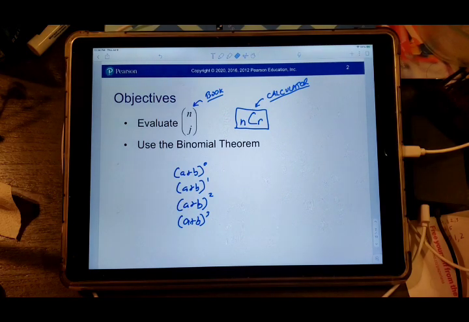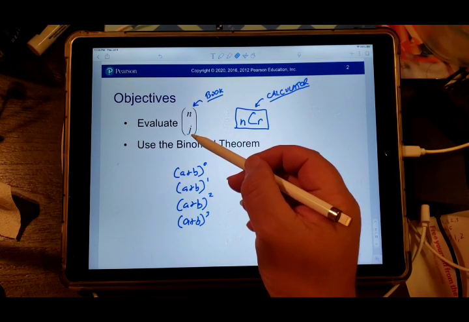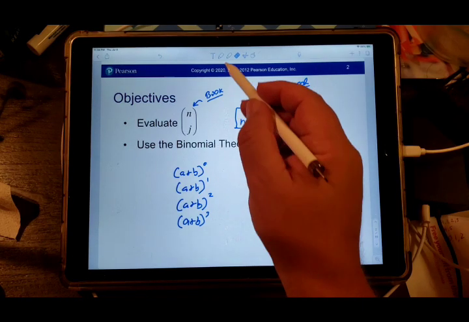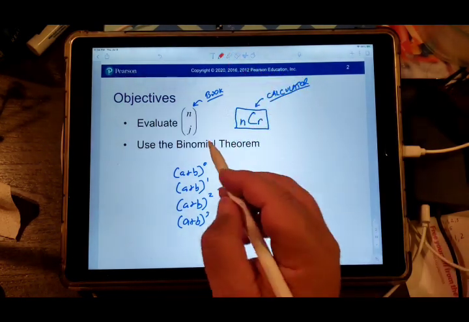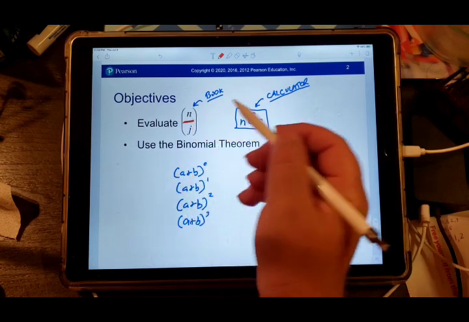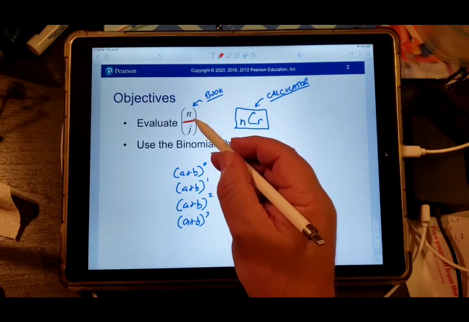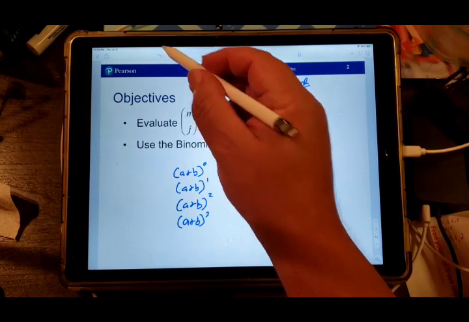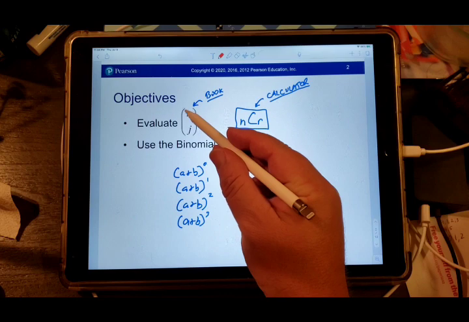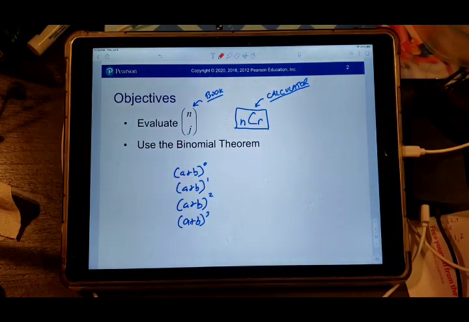And what do they want us to do? Just two ideas. Evaluate this nCj. Now this looks like a fraction to some students when they see it. There's no line here. If you ever see a line there, it was a typo. It's parentheses, there's a top number and a bottom number.